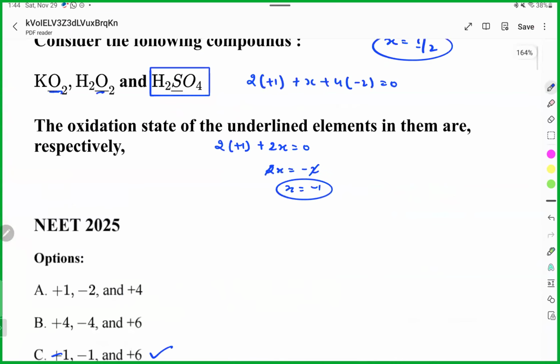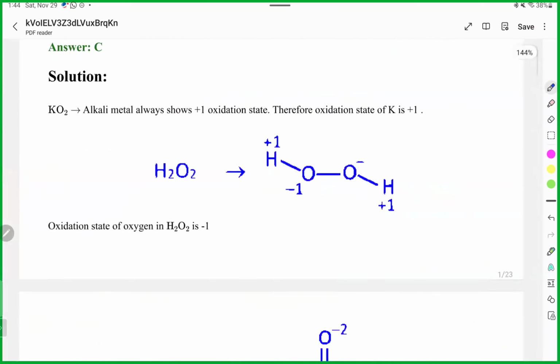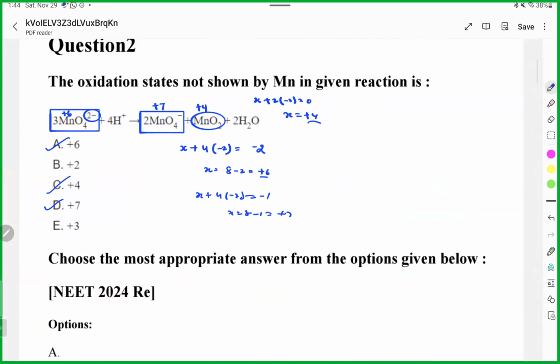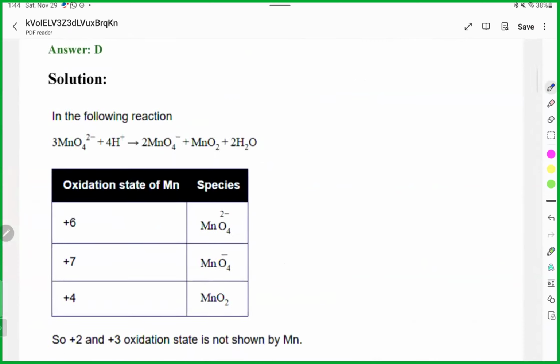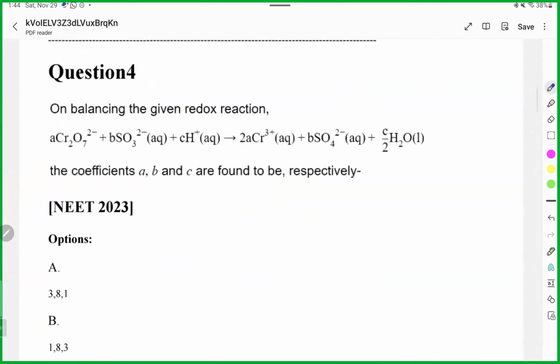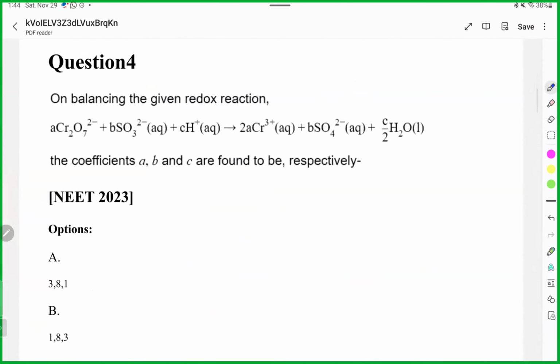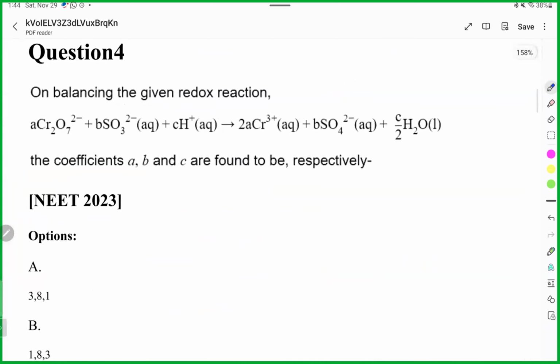We are done with the first question. Manganese, the second question we are done with. Redox reaction, third done. This is balancing. How to balance this equation? What should be the number of A, B, C? Okay, we want to check this. How to do this?